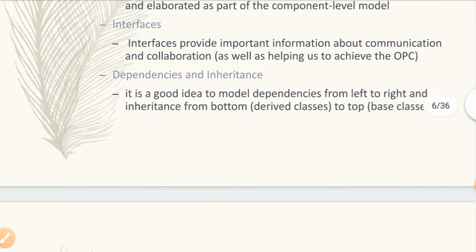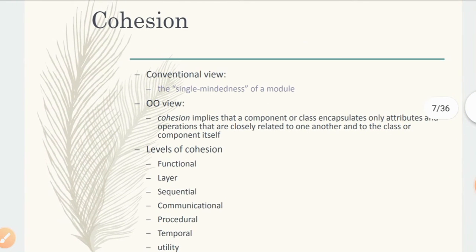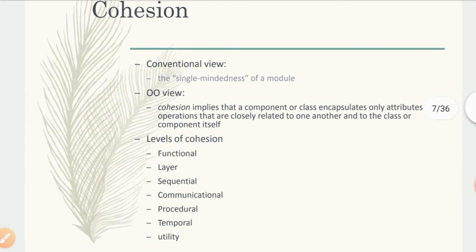Now the next one is the cohesion. So we will see what cohesion is. Cohesion is described in 3 types, such as the conventional view, that is the single-mindedness of a module. That is how your module is represented, such as job management.